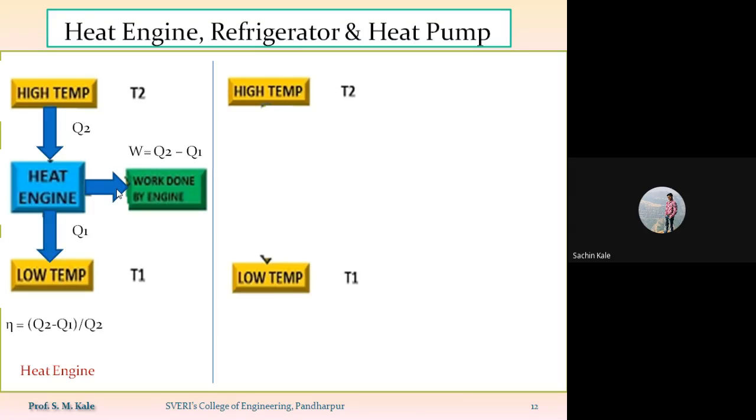But in the case of a refrigerator, heat will always be absorbed from the lower temperature region. Suppose Q1 is the amount of heat absorbed from the lower temperature region.